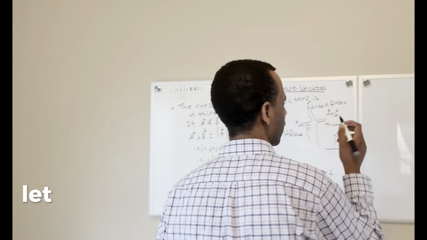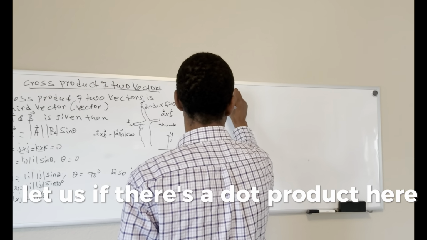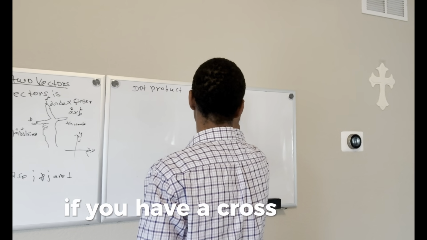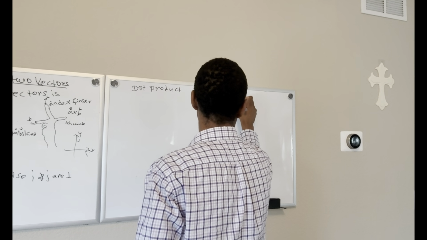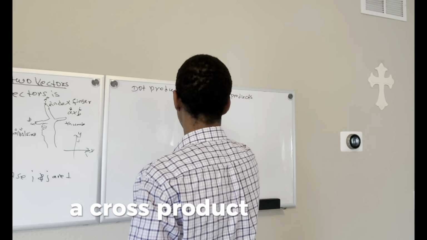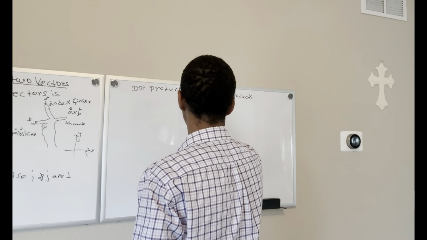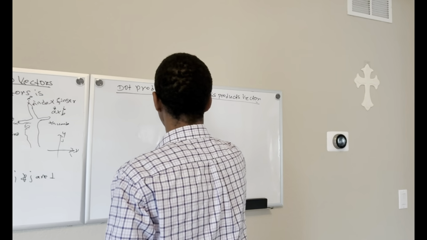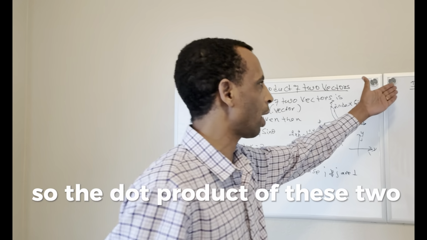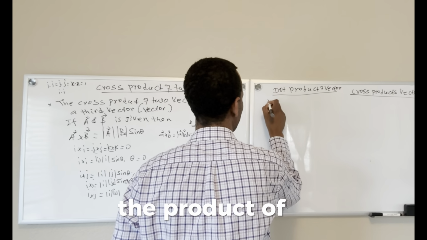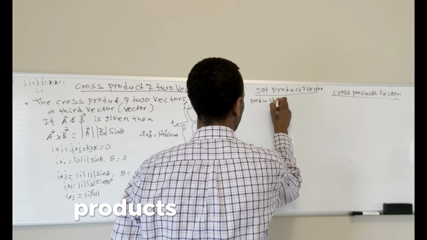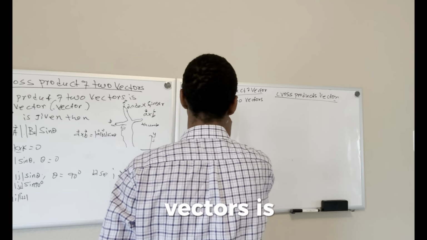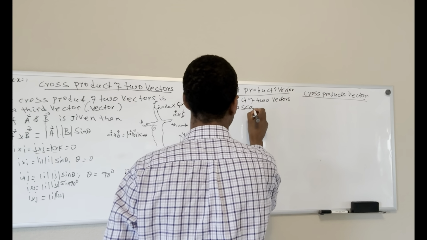Bear in mind that if there is a dot product and if you have a cross product of vectors, the dot product of these two vectors is a scalar.